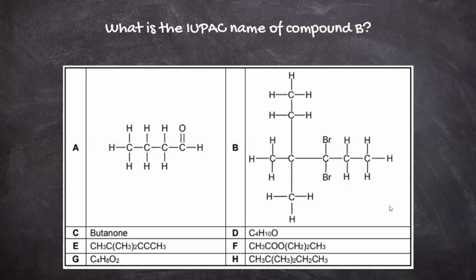Great. Then, when you are naming this, now that you've established that your longest hydrocarbon chain is this 6 that I've highlighted in this yellowy orange color in the middle, everything else has to be a side chain.